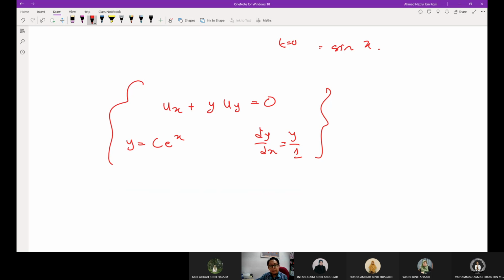So this I want you to study. Okay. Find yourself from the textbook page 8. Okay. Page 8. Kalau yang dapat buku teks tadi, page 8. The topic will be the variable coefficient equation.